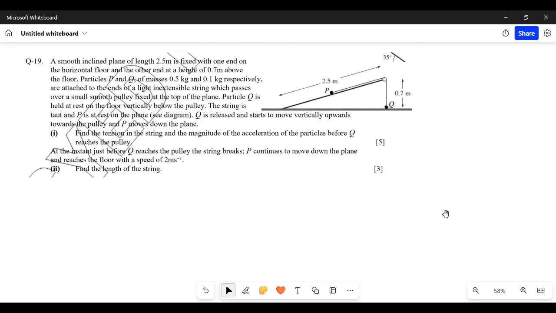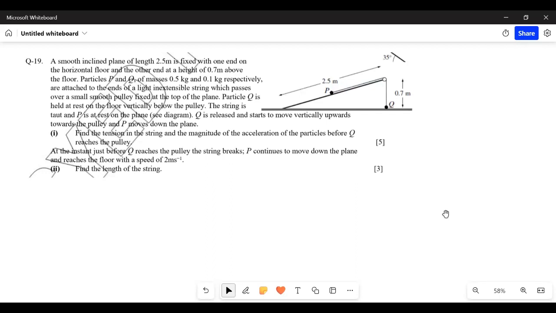Okay. Smooth inclined plane of length 2.5 meters is fixed with one end on the horizontal floor and the other end at a height of 0.7 above the floor. P and Q have a mass of 0.5 and 0.1 kgs respectively and are attached to the ends of a light inextensible string which passes over a smooth pulley fixed at top of the plane.